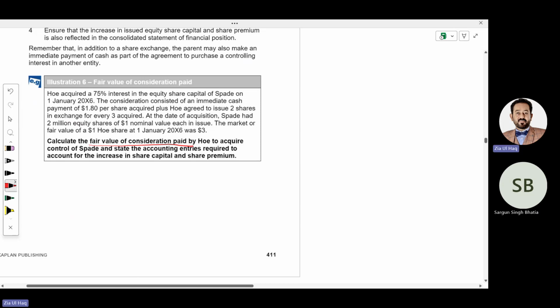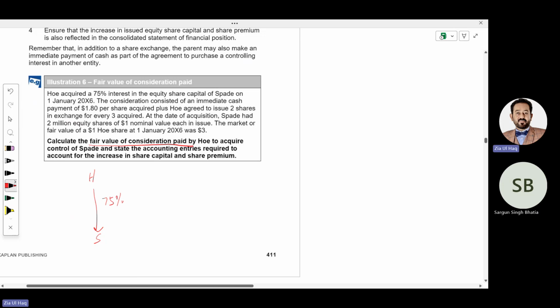Like illustration 6, H acquired a 75% interest in the equity share capital of S on 1st January 20x6. So H acquired S, how much? 75%.